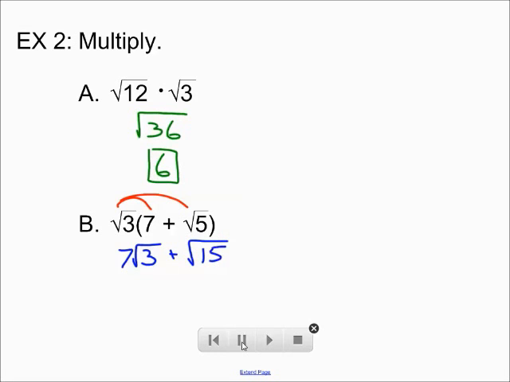And square root of 3 times square root of 5 is square root of 15. Over here, you always write the number first and then the radical second. Now, these are not like terms. Neither one of these radicals can be simplified, so we can't combine them. In other words, we're done. However, if you could simplify the radical, then do that and keep going.